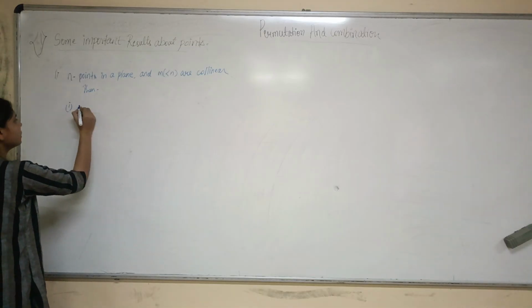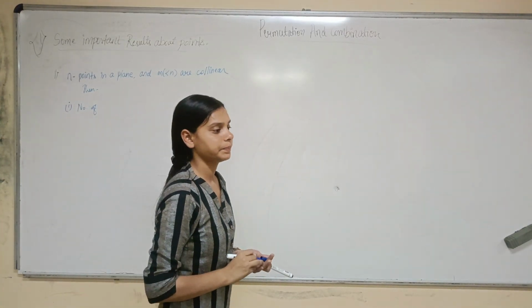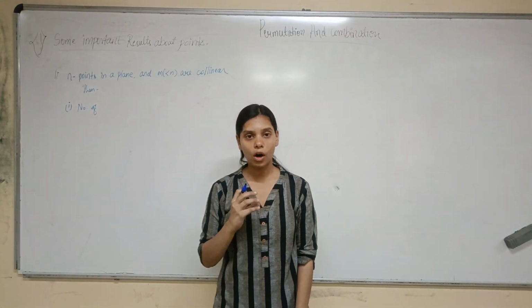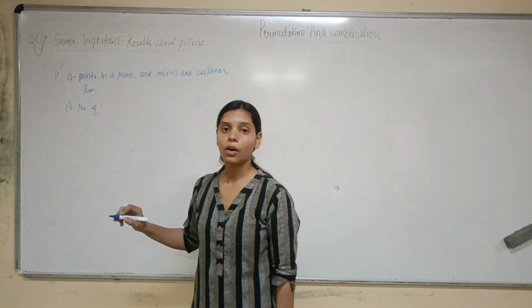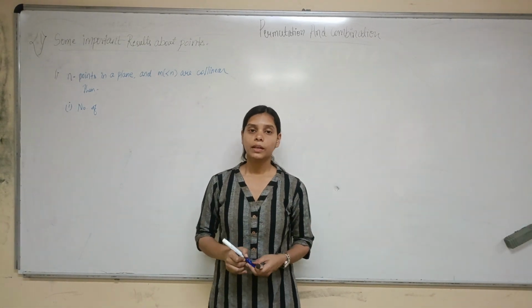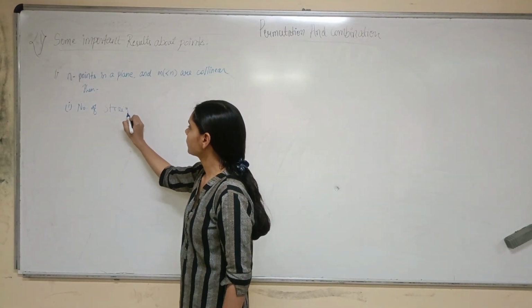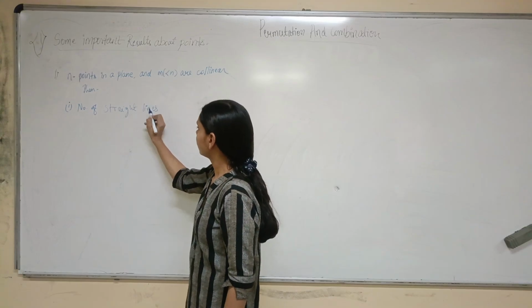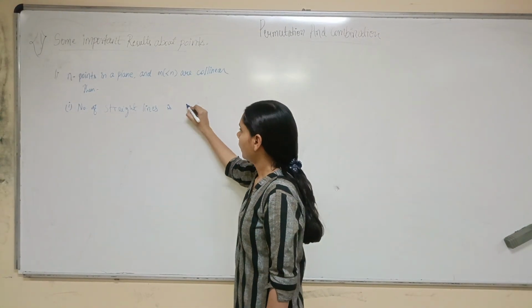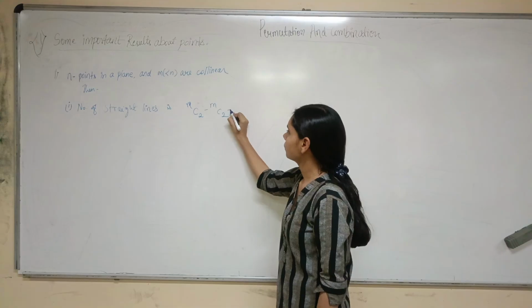So, first, the number of different straight lines that can be obtained by joining these endpoints is nC2 minus mC2 plus 1.